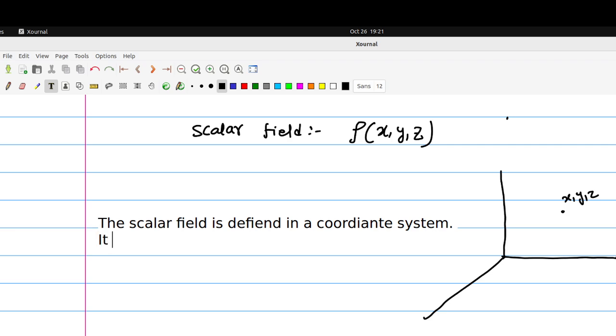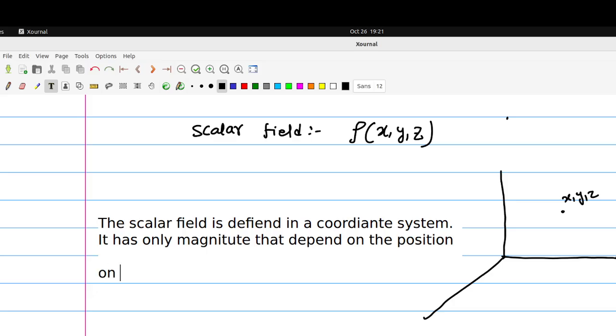It has only magnitude, that depends on the position, on the coordinate system.